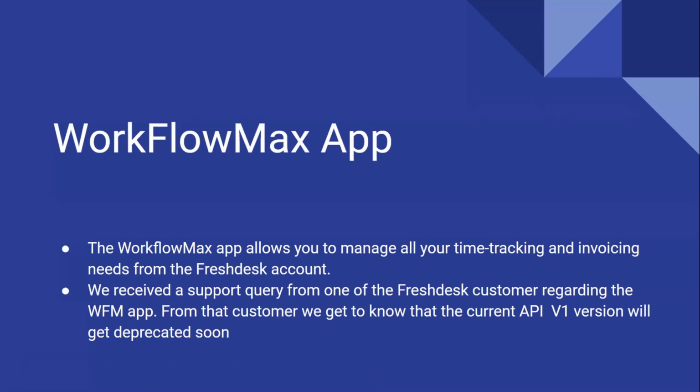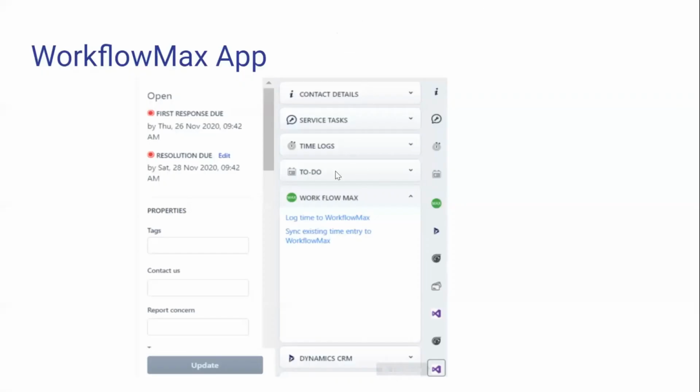Let me quickly walk through what the app does. This is the Workflow Max app; when the customer installs it, this is how it looks in Freshdesk. They are able to log time entries from Freshdesk to Workflow Max.